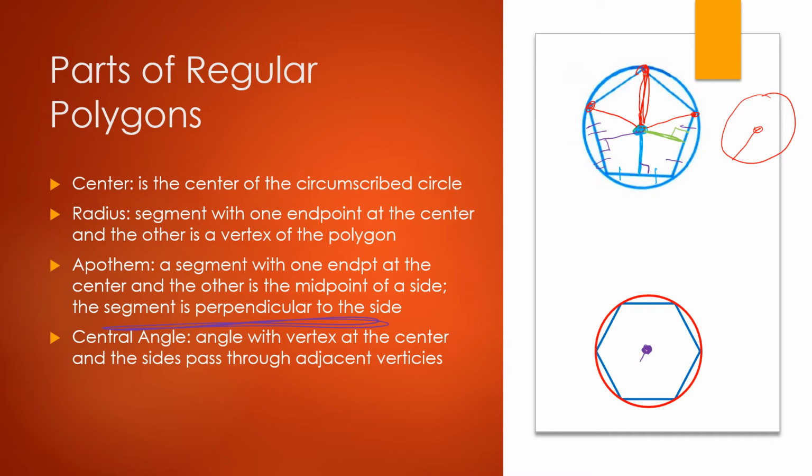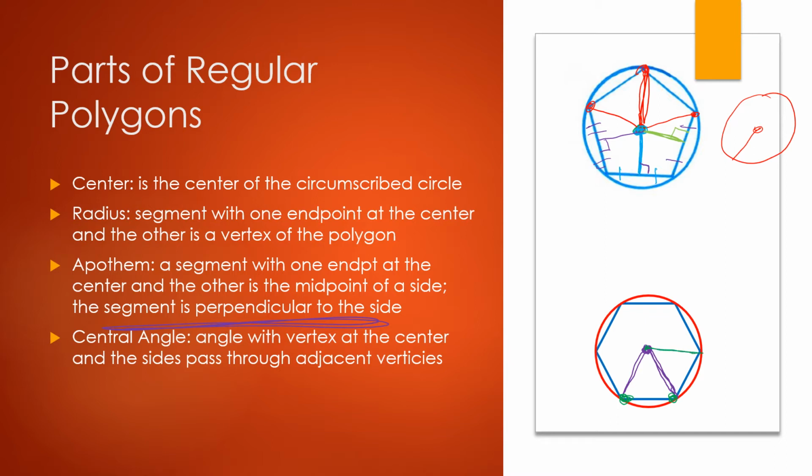And then this is an example of a central angle. If we look at the definition, it says the sides pass through adjacent vertices. Again, our vocabulary, adjacent means next to. So these would be adjacent vertices. This is the center, and the sides pass through adjacent vertices. This is the central angle.